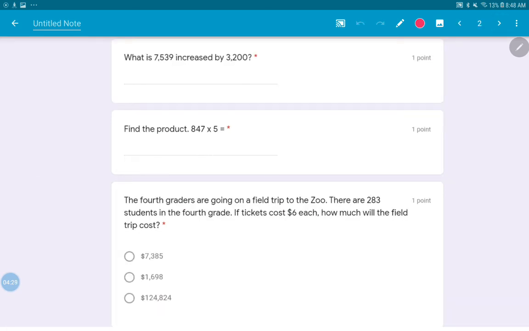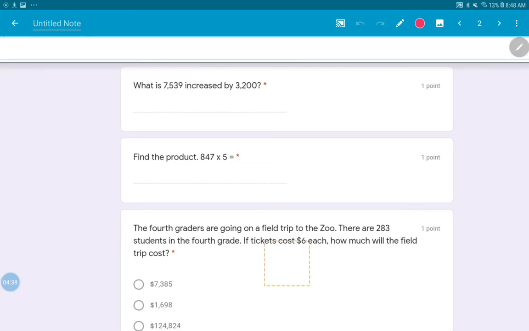Next it says, what is 7,539 increased by 3,200? Harper, what does that mean, increased by? Going up. It goes up. You're exactly right. All right. So how did you solve that one, Harper? I added it up.